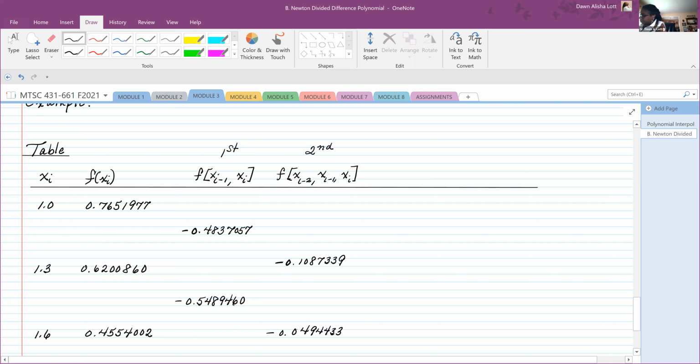Okay, third divided difference is f of xi minus 3, xi minus 2, xi minus 1, and xi. So this is the third divided difference. Okay, and there are only two of those.